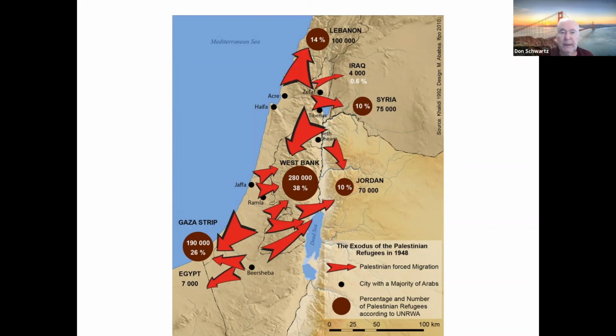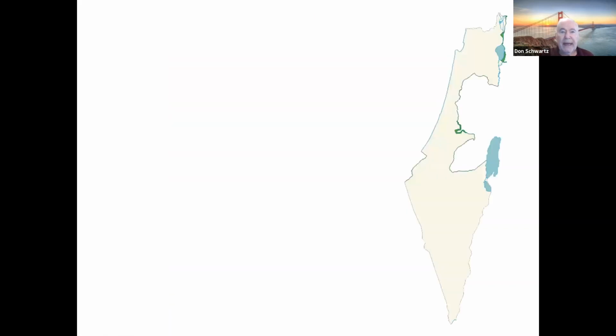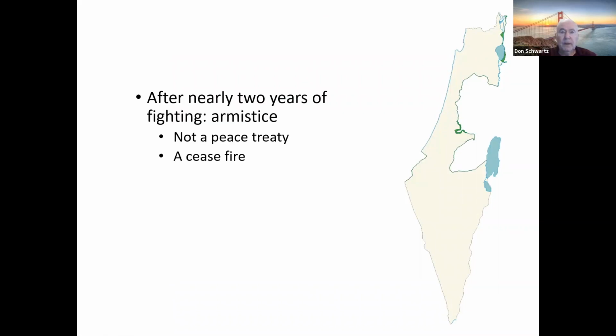The fighting between Israel and the Arab states ended with a ceasefire and an armistice, but without a peace treaty. And that meant that Israel was technically still at war with its Arab neighbors, even after the armistice. The borders were set where the fighting ended.